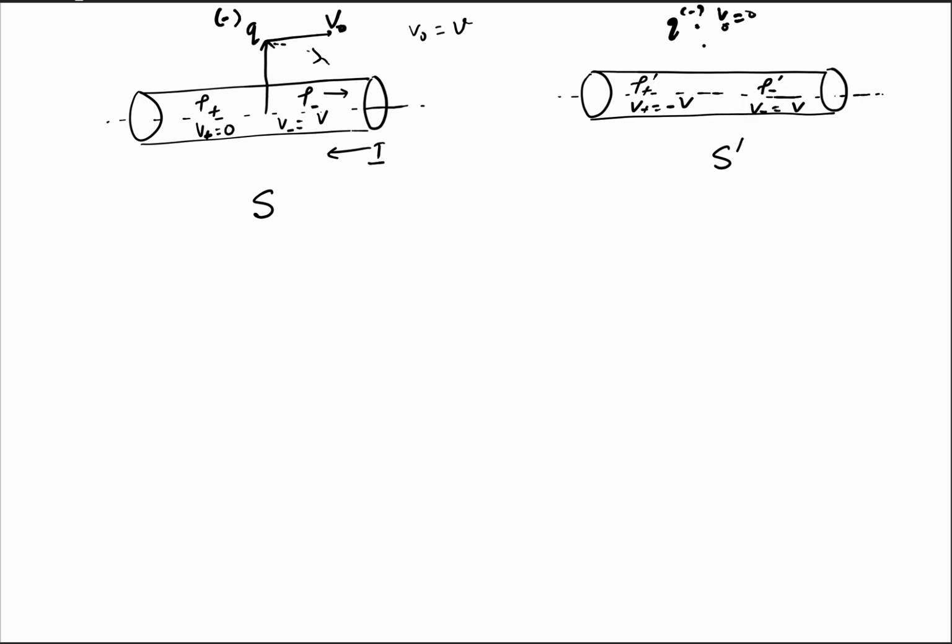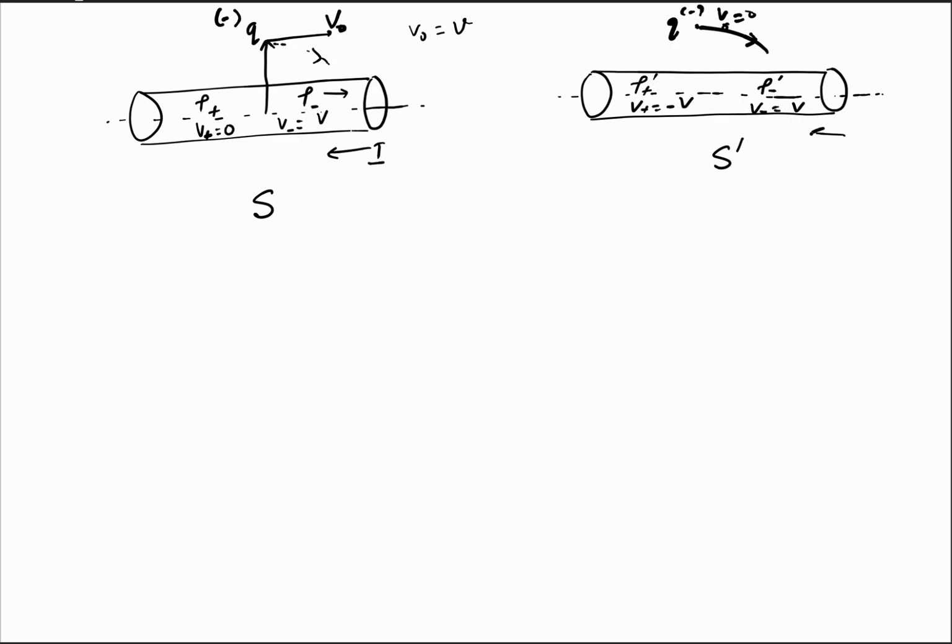Since this charge is stationary now, it should not feel any magnetic force. But still, we should see that it should be moving towards the wire. So, what is that force which is now pulling this charge towards the wire? We need to explain this scenario.